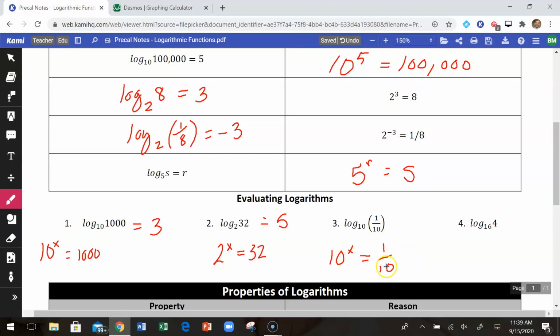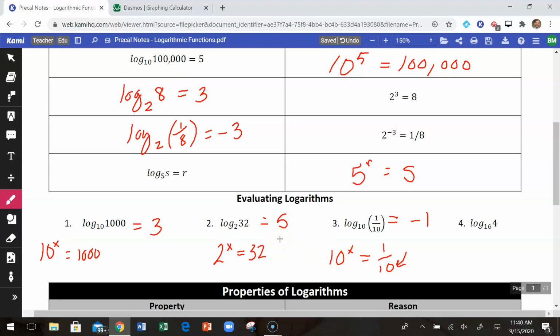Just think about the number on the bottom and say 10 to what power gives me that thing. So 10 to what power gives me 10? Well, that would be the first power, right? But because it's on the bottom, that means that a negative exponent was used. So for example, if this were 100 instead of 10, I would say 10 to what power equals 100? That would be 2, but because it's on the bottom, I'm then going to say -2.